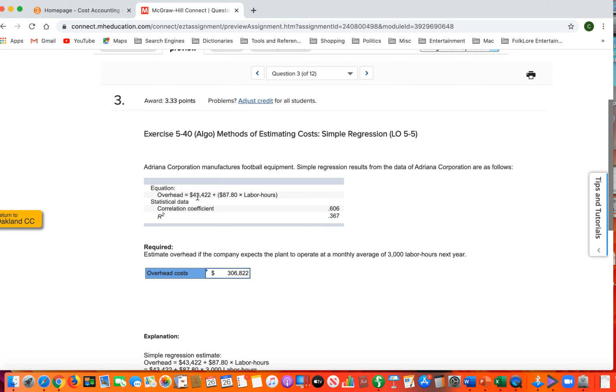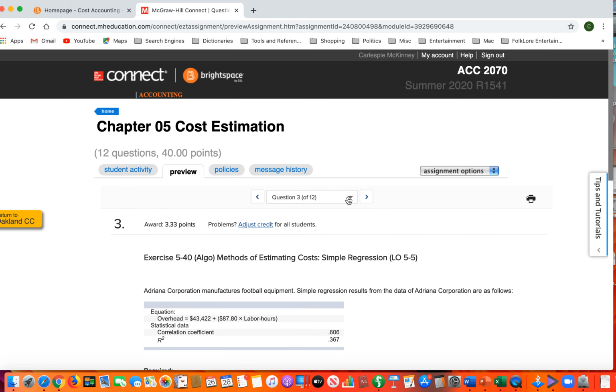A is the 43,422. That's the fixed cost or the constant. And B is the $87.80, and X is the labor hours. So don't forget to know what the independent and the dependent variables are. Okay, let's go to number 4.